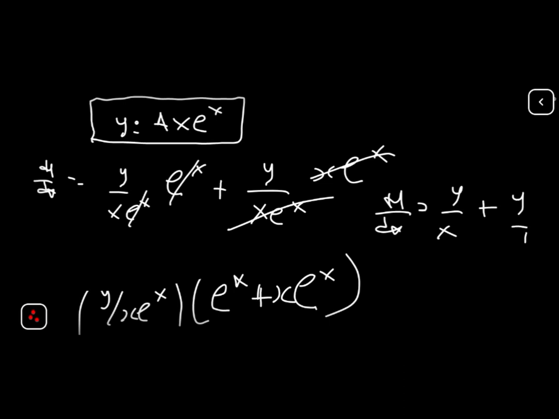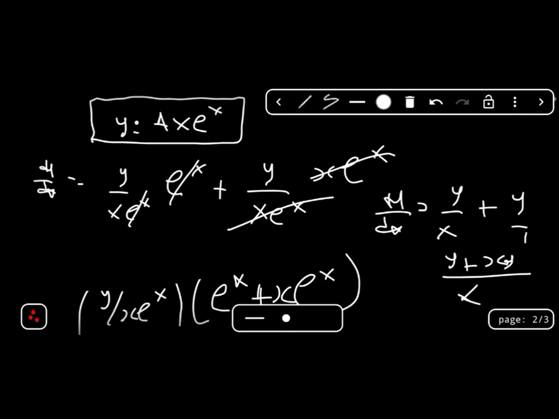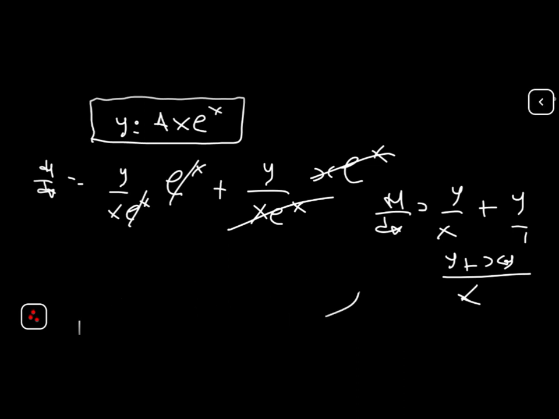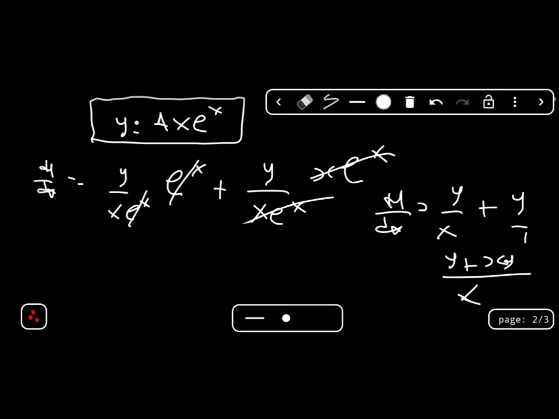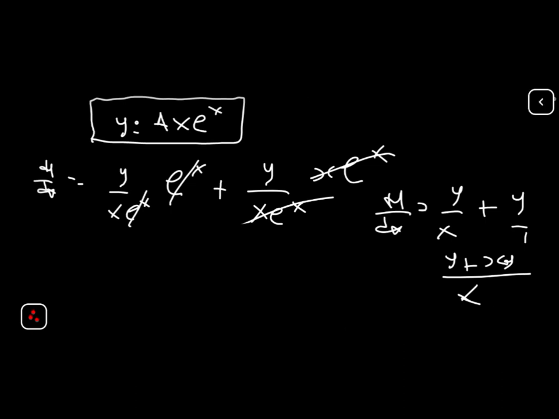So we would have y plus xy, all over x. Let me make more space here. So we would cross multiply.